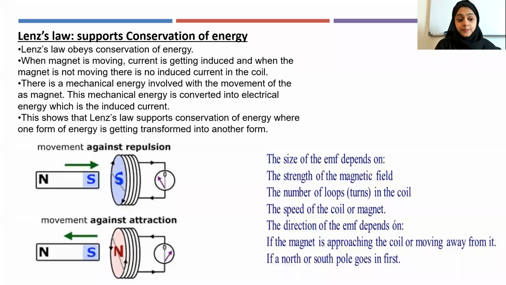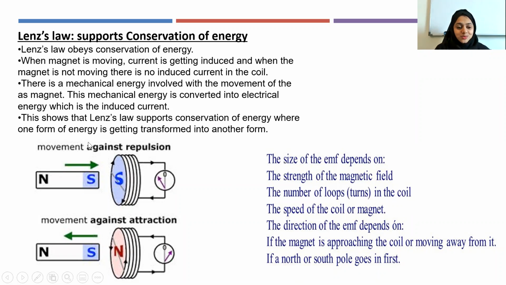Is that clear? Yes, teacher. That idea is proposed by Lenz's law. So Lenz's law supports the conservation of energy, and it supports that one form of energy is getting transformed to another form. Here, mechanical energy is getting transformed to electrical energy.